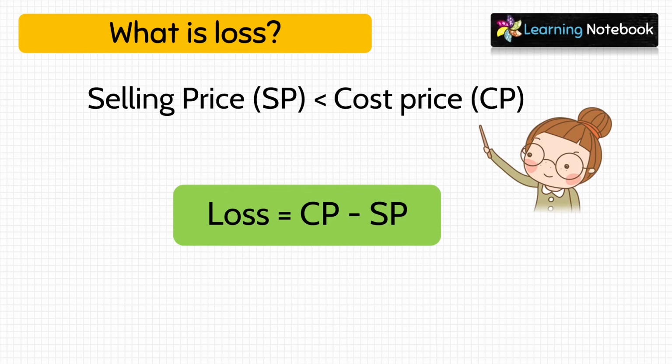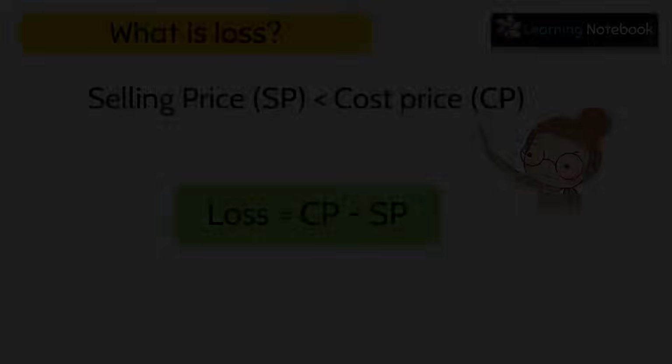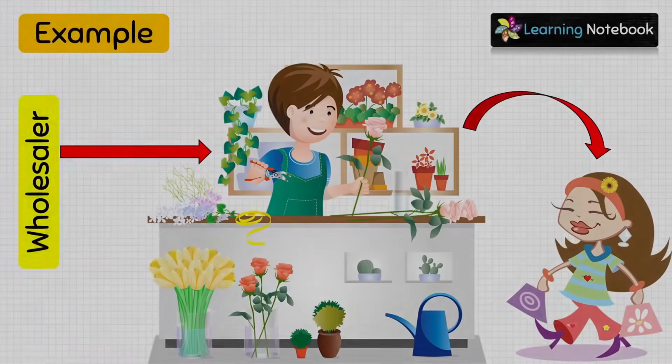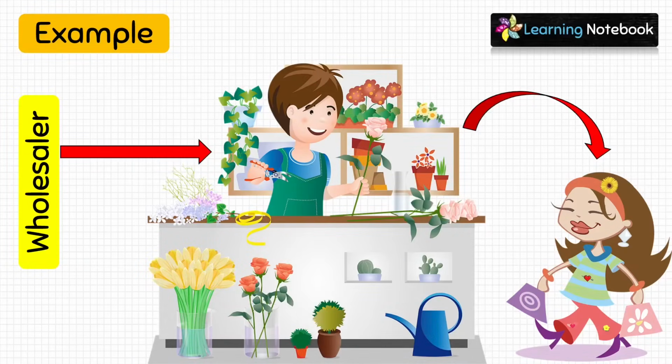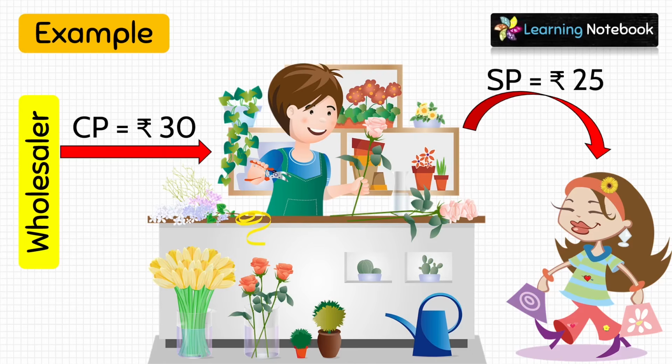Let's take an example to understand this concept. So now students, we know that a shopkeeper has bought one rose flower for rupees 30. But to avoid wastage of flowers, he has sold one of those rose flowers to his customer for rupees 25.